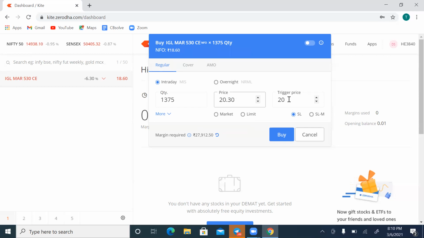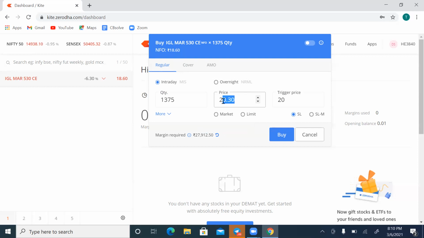So what happens is, whenever the price reaches 20, a transaction gets started. The NSE exchange will get a message from us, and it will wait to see what the next bid price is. After 20, there may be 20.20, 20.10, 20.50, or 20.70.